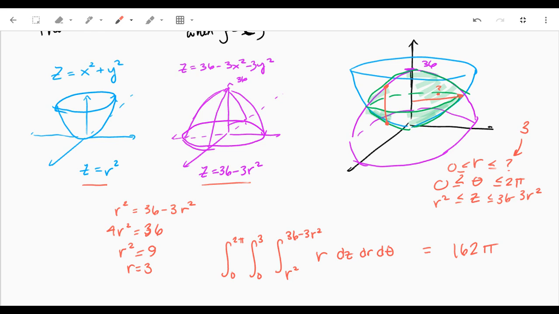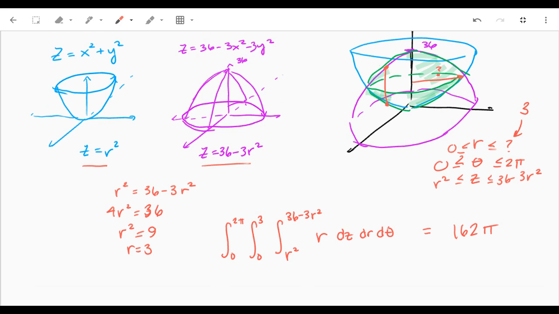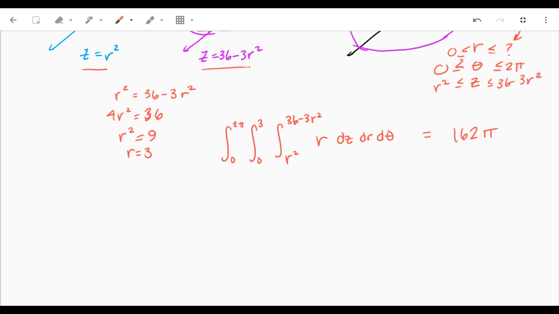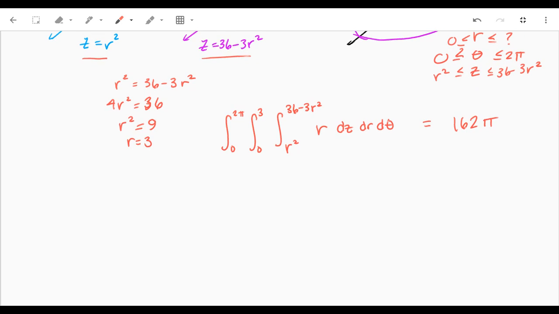So we're going to find, again, so remember that x bar, y bar, z bar would be the moment about yz over the mass. I'm sorry, yeah, over the mass, I guess.